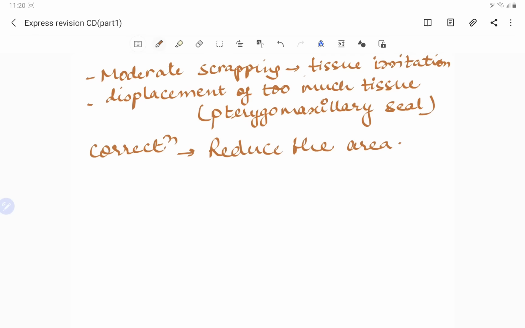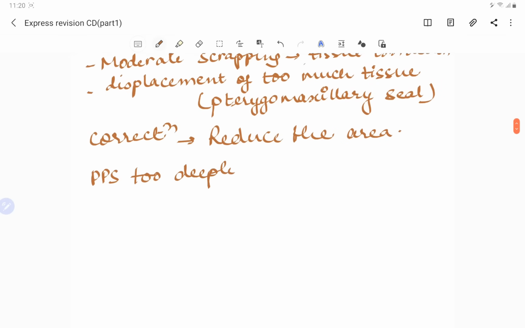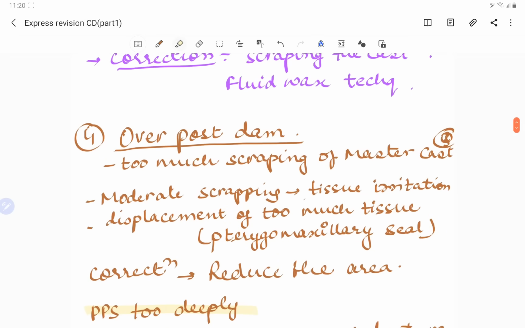What happens if we place the PPS too deeply? It will result in displacement of the denture anteriorly. So we have covered that if the PPS is too deeply placed, there is going to be displacement of the denture anteriorly.